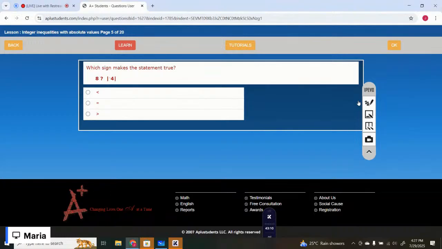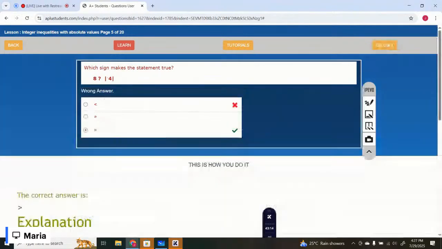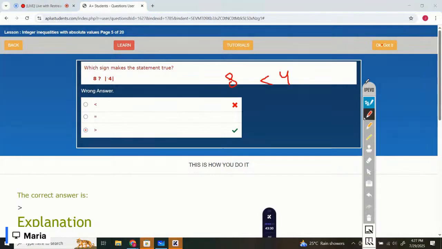Option number 1 is the correct option. Oh, 8 is greater than 4. Greater it is.